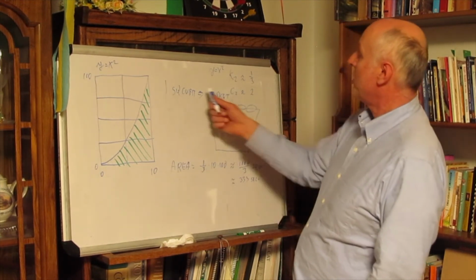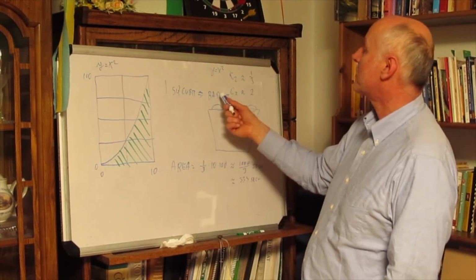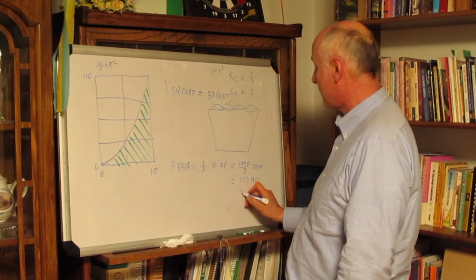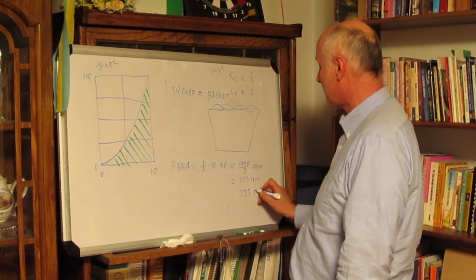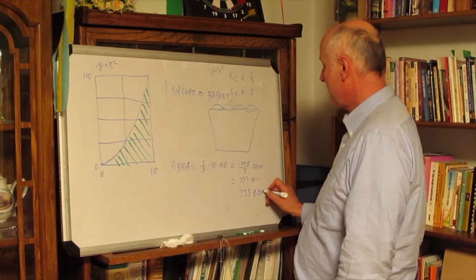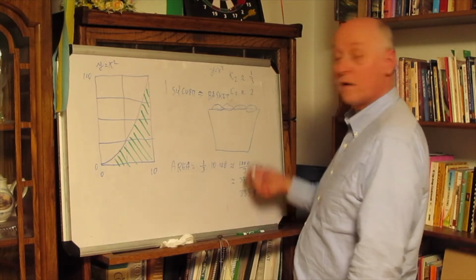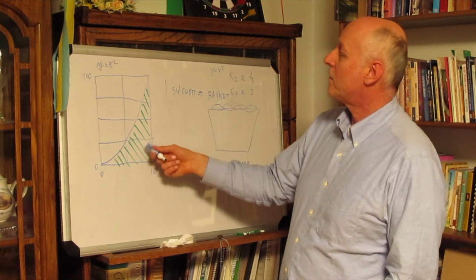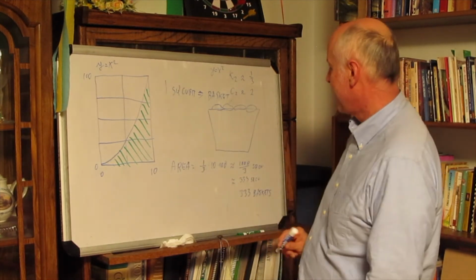But we also know that 1 square cubit is 1 basket, so that's going to be 333 baskets of potatoes. That's the yield that you can get out of this.